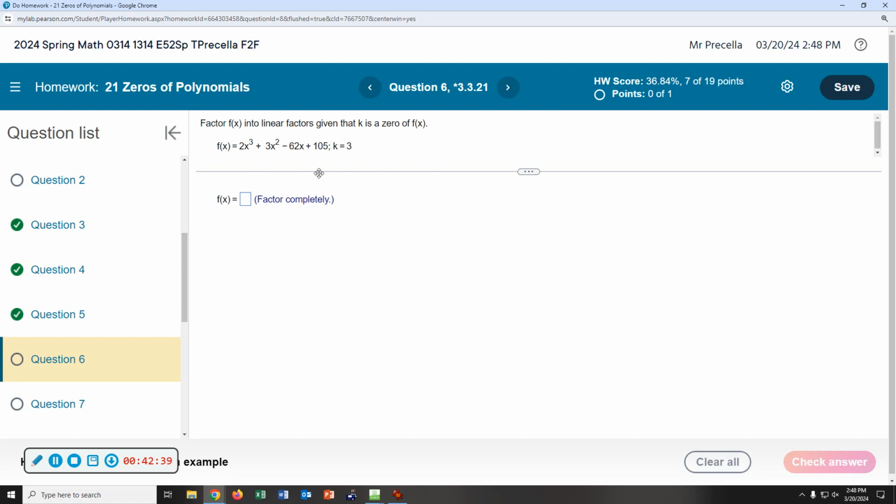I'm ready. Number 6 says to factor f of x into linear factors. Well, all they really needed to say was factor. When we factor stuff, the stuff in the parentheses is always linear, okay? So 2x cubed plus 3x squared minus 62x plus 105.